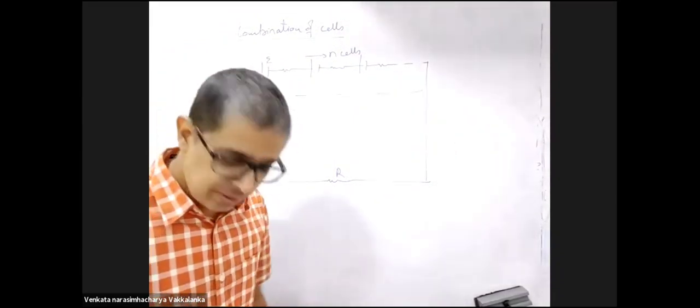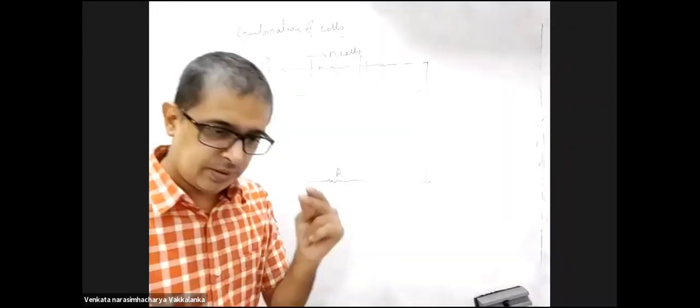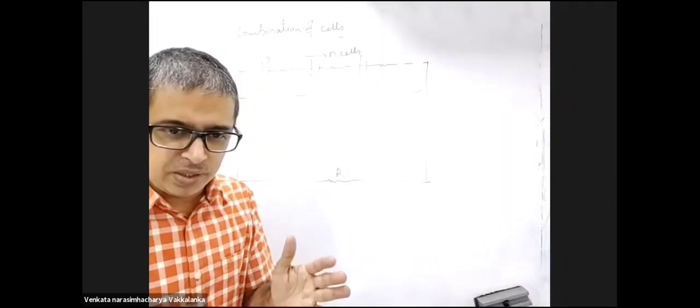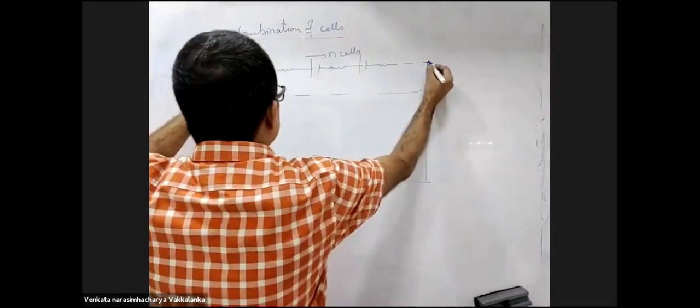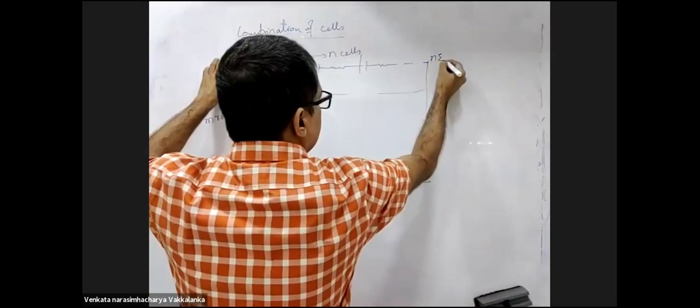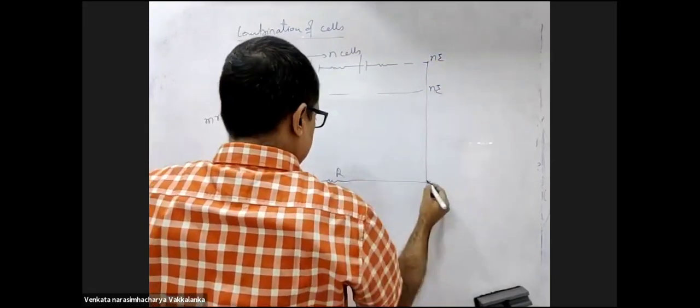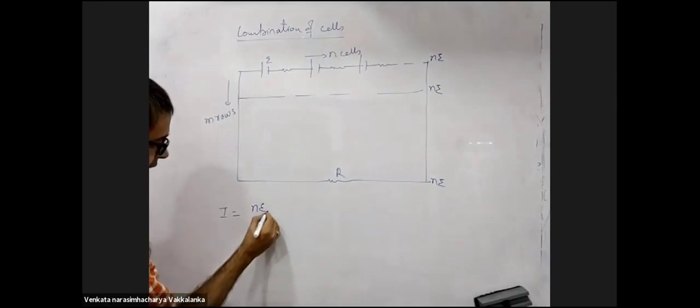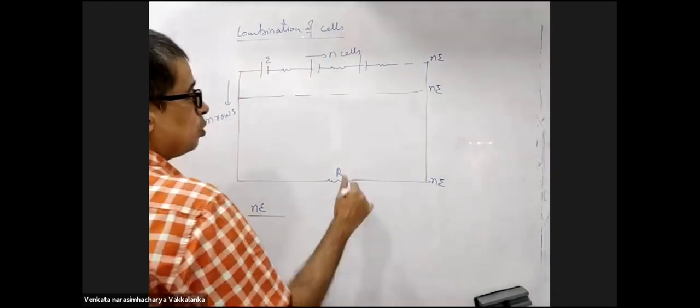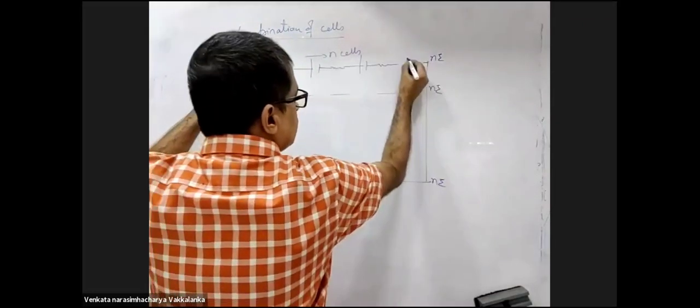Do you agree with that? Yes, sir. Now you have n cells in series, so EMF across each row will be NE. So what will be the current? NE divided by total resistance. N cells means NR.